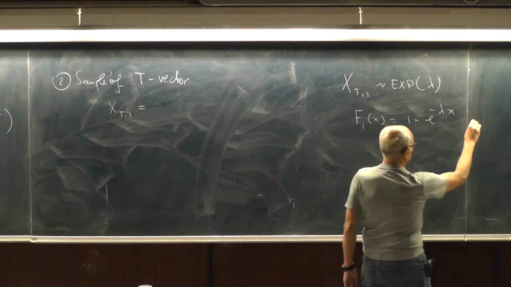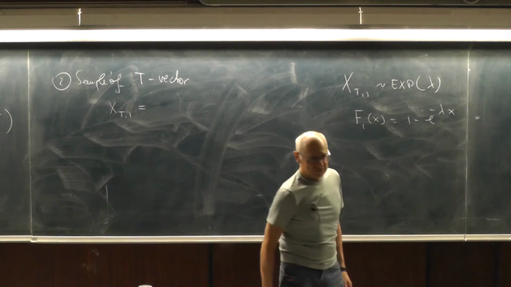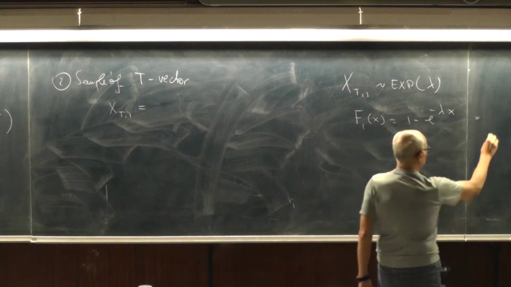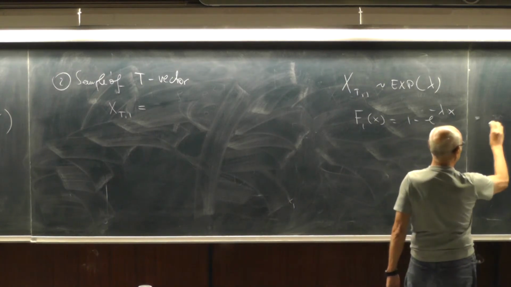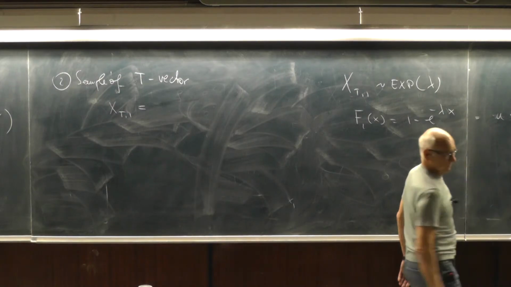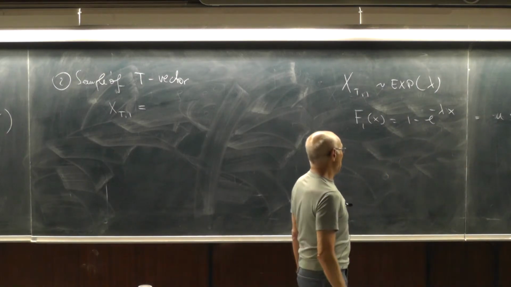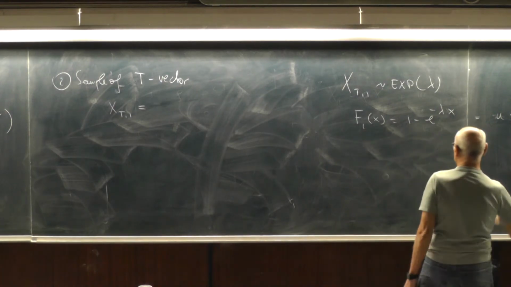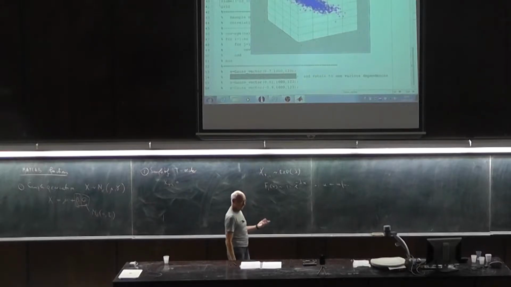And this is a uniform distribution. Or if you don't like uniform, we can make it Gaussian. So let's try to see the algorithms and then we write it. How can we generate a sample of it?